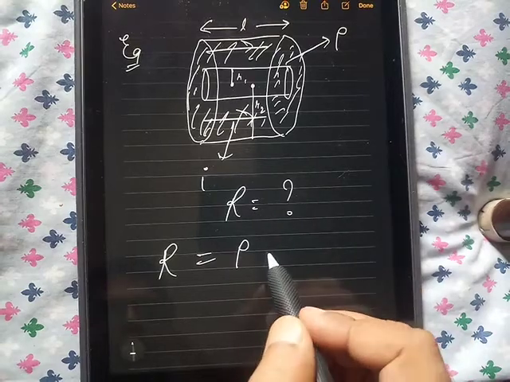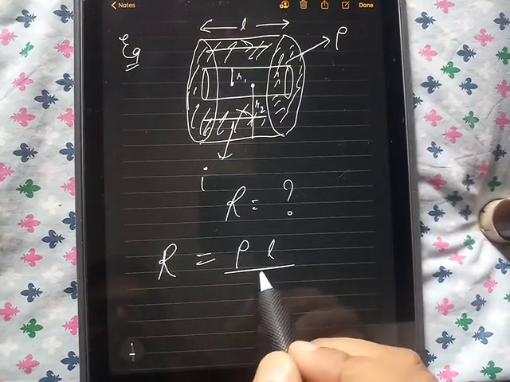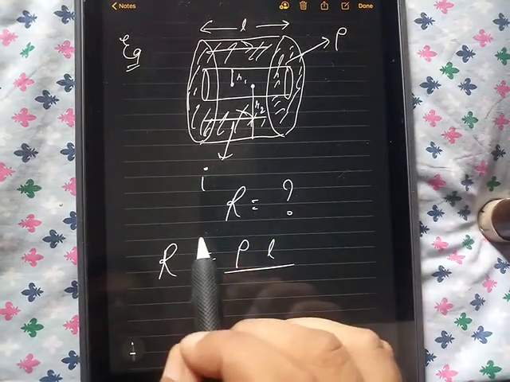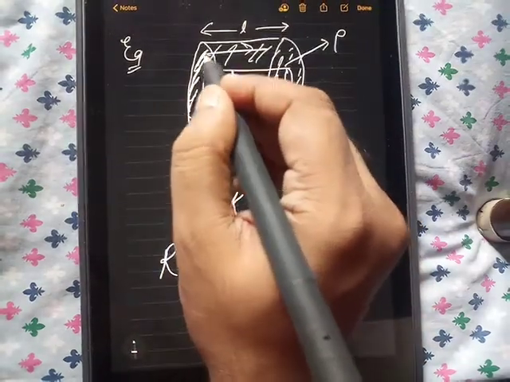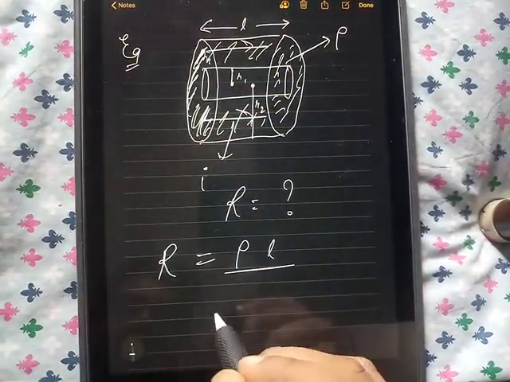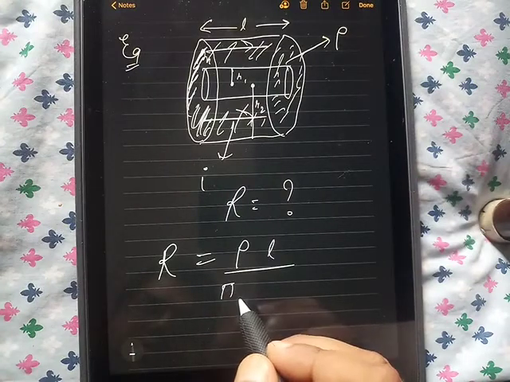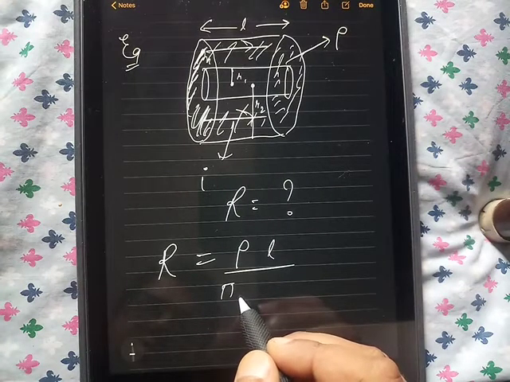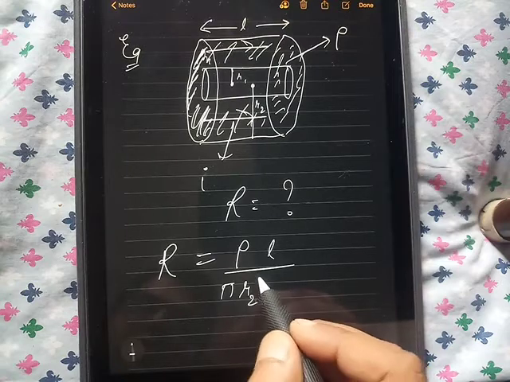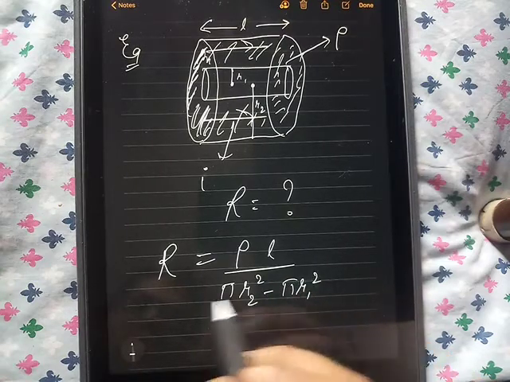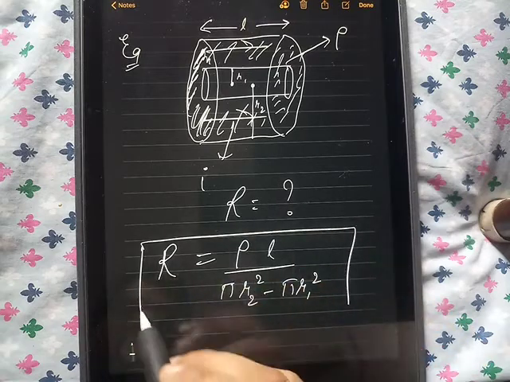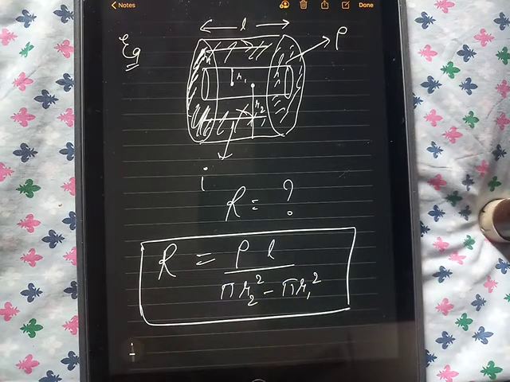A is the area of cross section. The area of cross section is the shaded portion. The shaded area of cross section can be found as pi R2 square minus pi R1 square. So this is the resistance of the conductor.